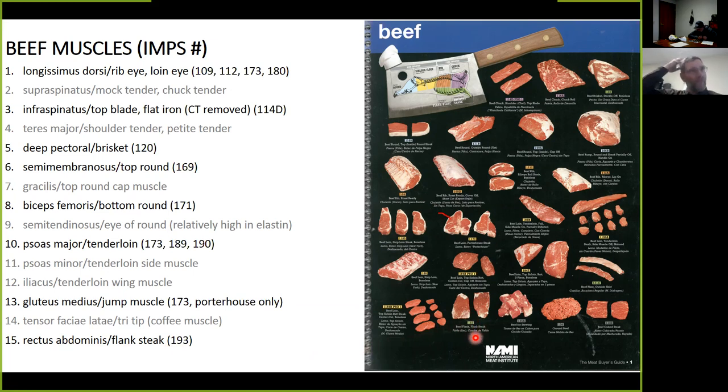You probably don't need to know the scientific name of too many muscles. I would say, let's learn the longissimus dorsi and the psoas major. And then the rest, we can get by with just knowing the name of the cut. But knowing where those muscles are is really important to help us identify, just as important as the bones, I think.